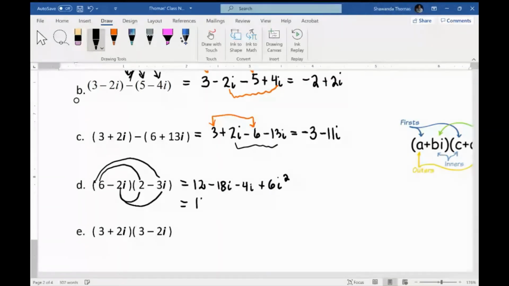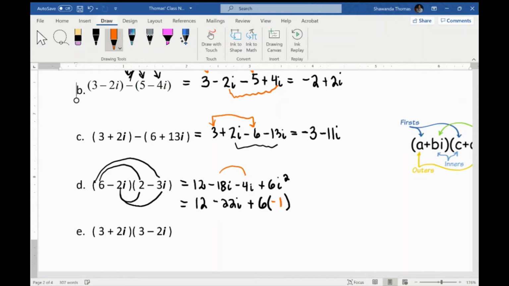We have like terms in the middle. Negative 18i minus 4i. Combine it to get what? Negative 22i. But we also know that i squared equals what? I told y'all to memorize what i squared equals. Negative 1. So we have to break it down to negative 1.